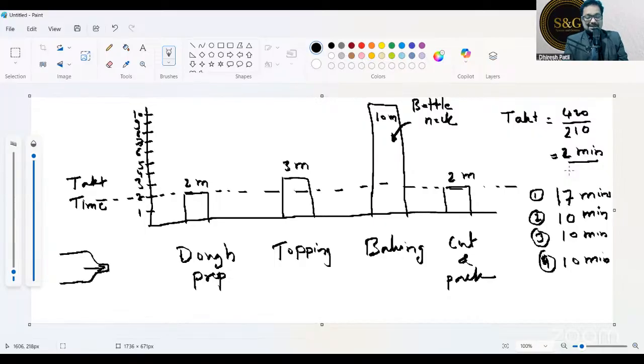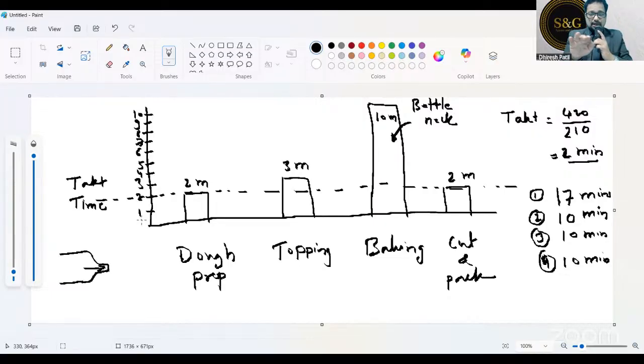Okay, now understand this. How can we serve in 2 minutes? Let's imagine an imaginary situation where dough preparation, topping, baking, and cutting and packing, every process cycle time is 2 minutes.